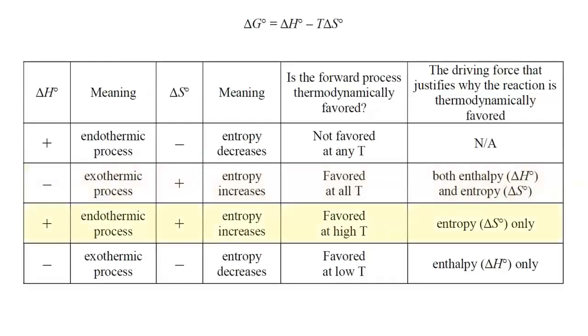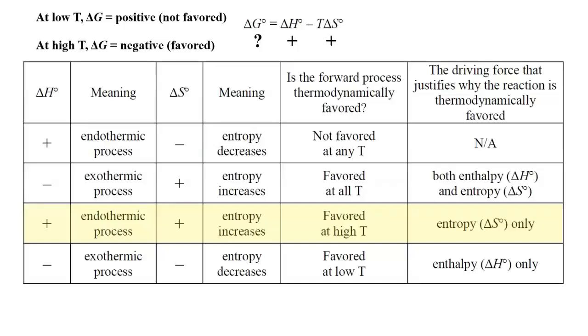Now in the next example, both the delta H and the delta S are positive. So that means we have an endothermic process in which the entropy of the system increases. Well, now we don't know for sure what the sign of delta G is. It's going to be temperature dependent. So at low temperatures, the delta G should be positive, and therefore the reaction would not be thermodynamically favored.